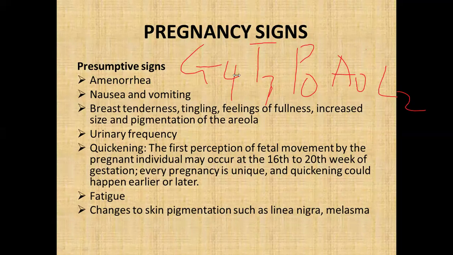She hasn't had any abortion. She hasn't had any preterm birth. But then out of those three pregnancies, the person had carried beyond 37 weeks and then delivered, only two of them are living. So for you to know that one of the children had died, you have to subtract these two from this three.